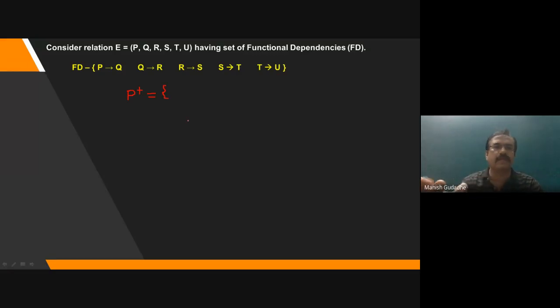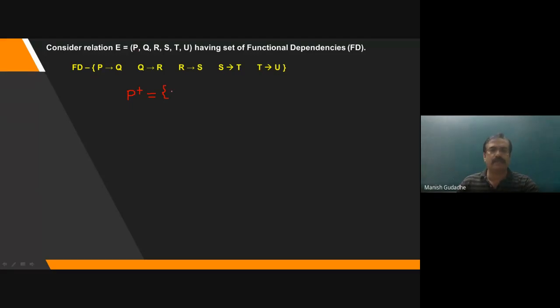This X is any attribute in the relation R. X plus will be the set of attributes from the same relation which can be determined with the help of P, maybe directly or maybe in an inferred way. Okay, so P plus, what can be determined with the help of P plus with the set of FDs?